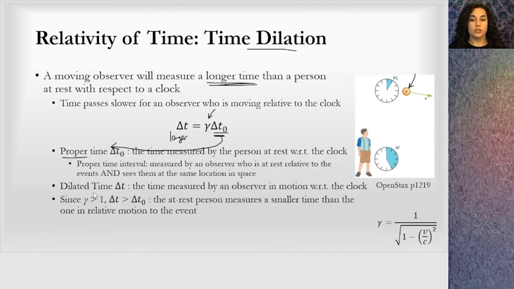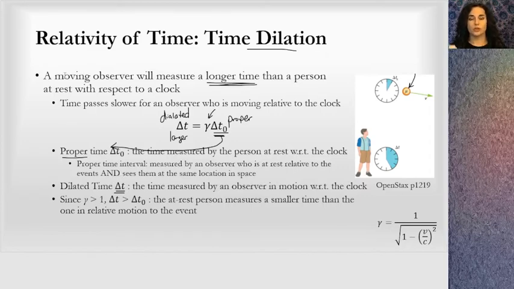That person will measure dilated time, which is what we call delta t. So this is the dilated time over here, and this is the proper time to begin with. So the proper time gets dilated by this gamma factor, and we get a larger time. So we're seeing a little bit creepy implications of this theory of relativity arising from the postulate, right?